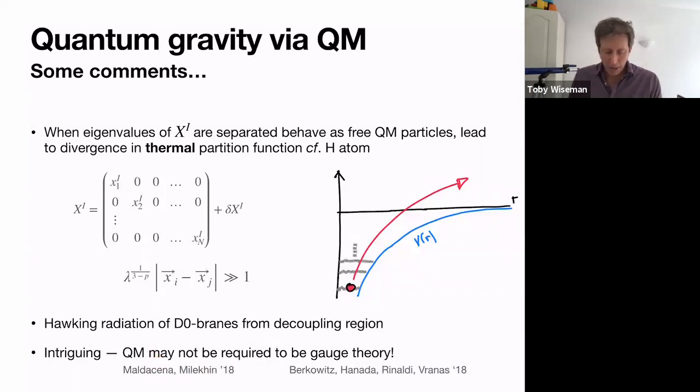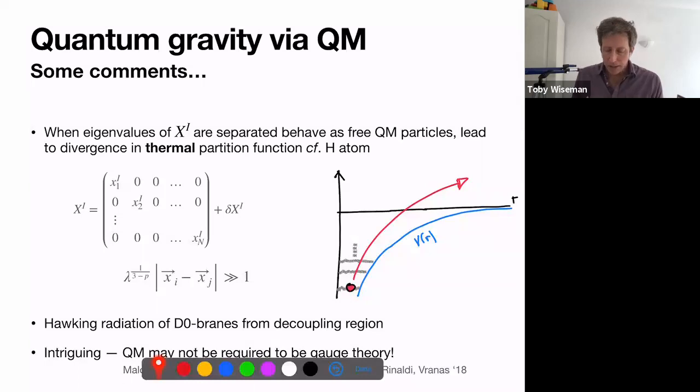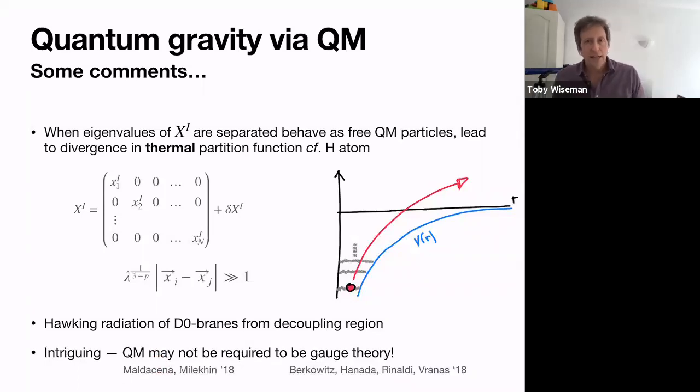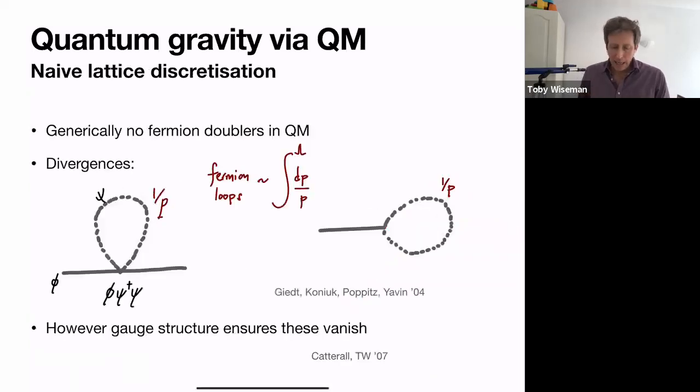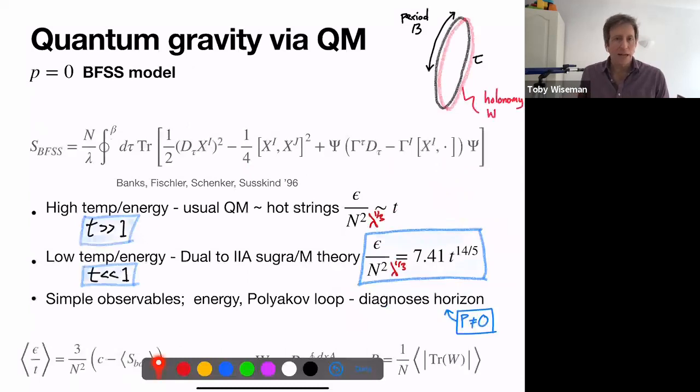The other thing is, Ian mentioned this earlier, there was very interesting recent work by Maldacena, who conjectured that this black hole behavior at low energies or low temperatures isn't dependent on the fact that this quantum mechanics is gauged. So his claim is that if you take this theory and just kill the gauge field dynamics, which in quantum mechanics all the gauge field really does is project you onto singlet states, if you just ignore that, this theory, he claims, still has the same low energy behavior.